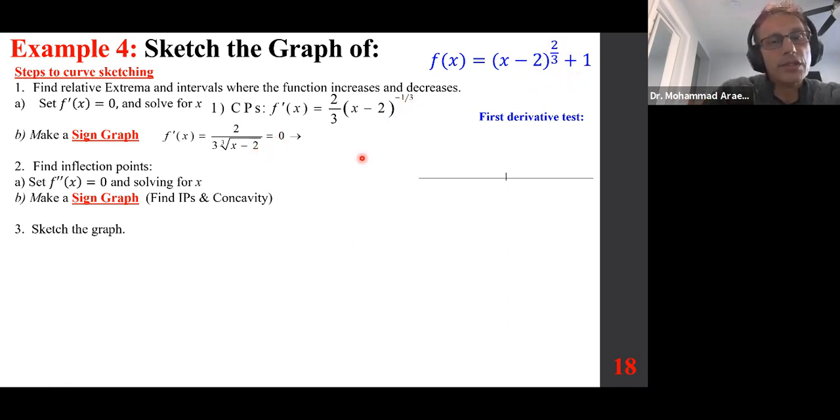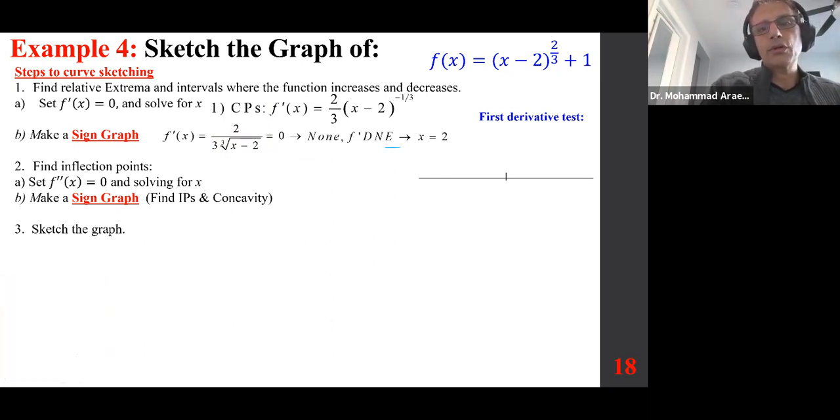F prime doesn't exist. A fractional expression is 0 when the top is 0. Since the top is a number, it can never be. A fractional expression is undefined or doesn't exist when the bottom is 0. So when you set this one equal to 0, you get x equals 2. I want to make sure we understand how we arrive at that.